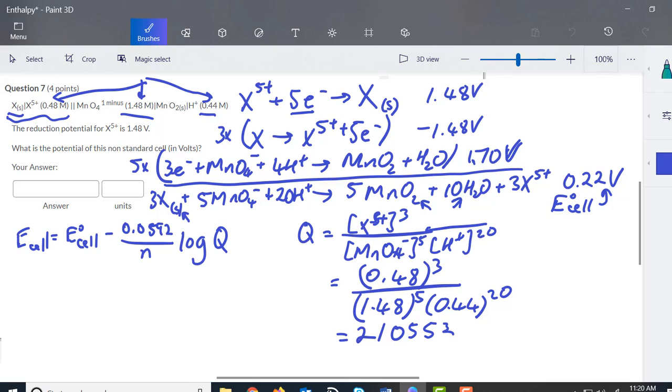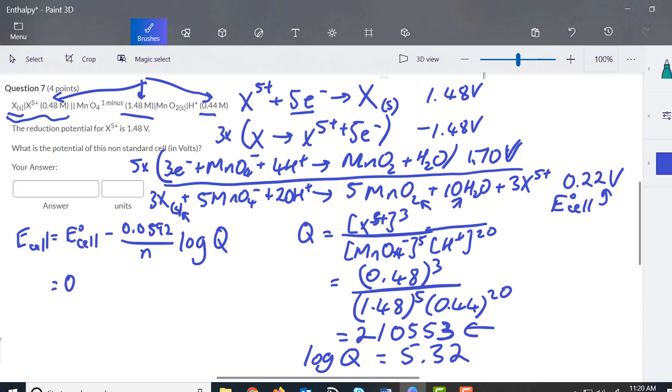I'm not interested in significant figures here so much. I'm just trying to get the best value I can here. Now log of Q, that's log to base 10, is going to be 5.32. I get that just by doing the log button on this number in my calculator.